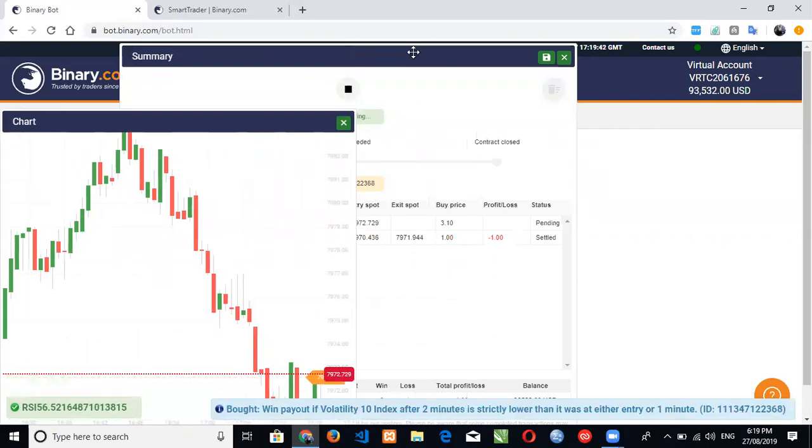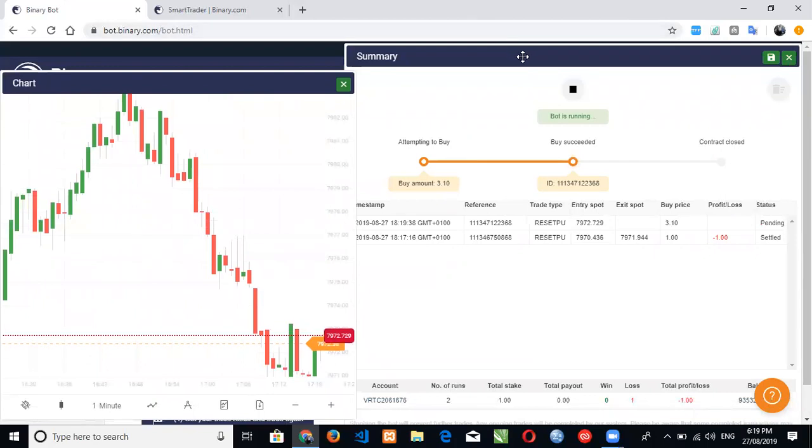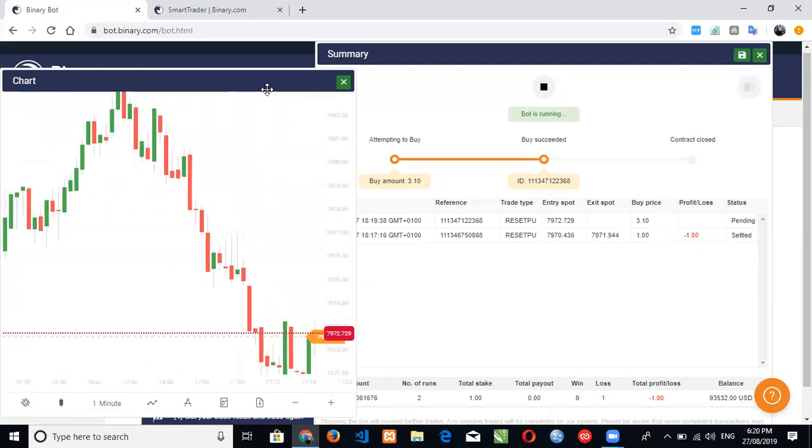In my next video, I'll be explaining why it is that you make more money on your demo account than your real account. I'll be throwing more light on that, explaining the reason why traders always complain that when I'm trading on my demo account, I always am in profit, but immediately I switch to my real account, I see myself losing.